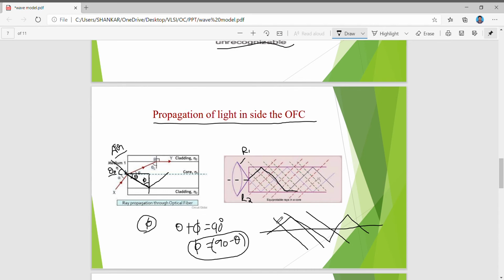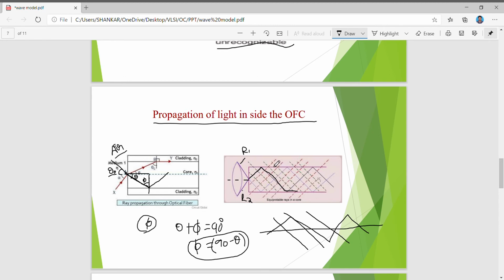So I have projected light dotted lines which represent the angle of a particular ray. So this angle represents the angle of ray 2, and these angles represent ray 1.